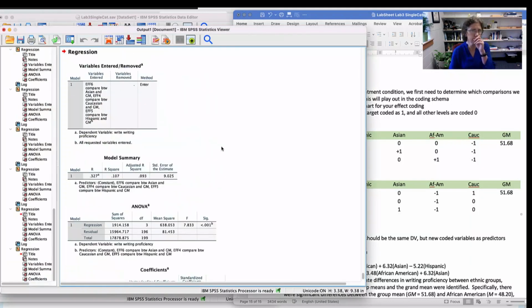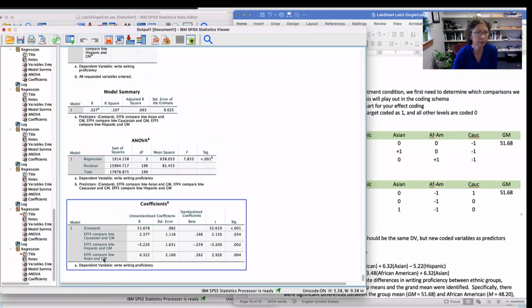Run. And now that comparison between Caucasian and grand mean, there's my number that I was needing. This one's still grand mean. Between Hispanic and grand mean is still the same.